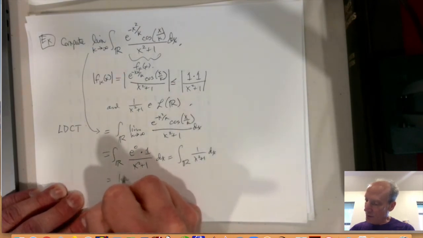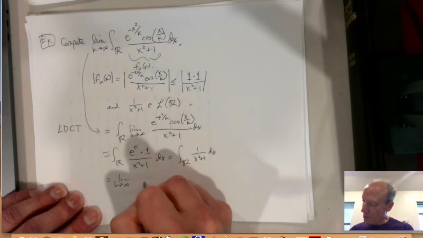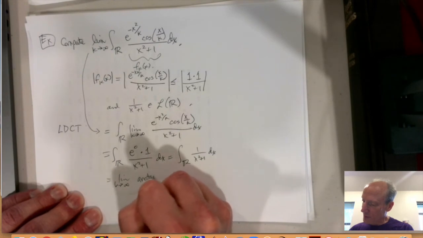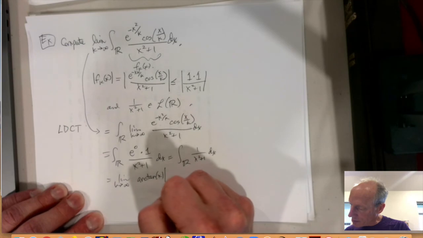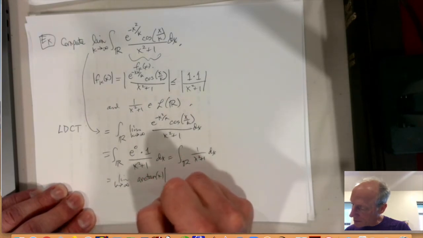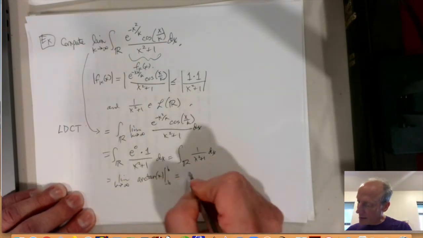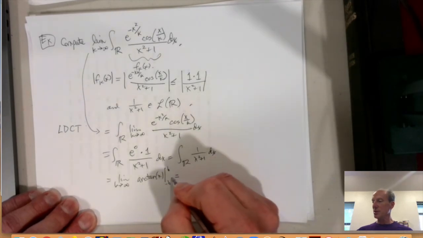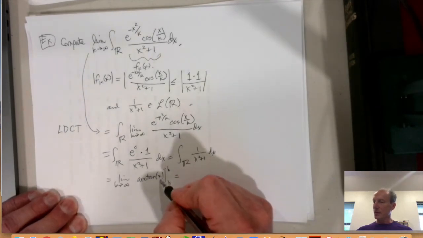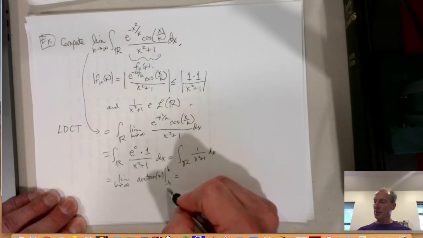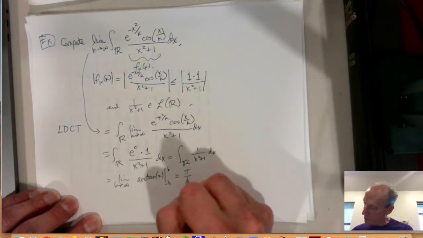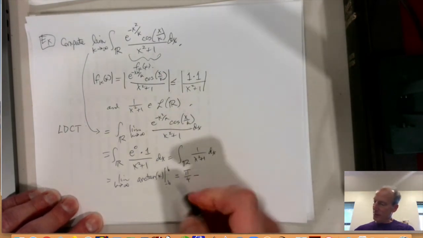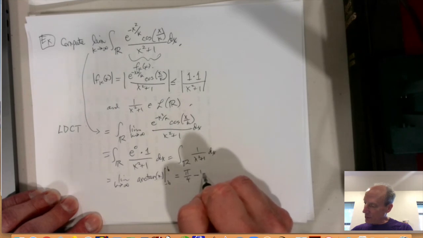And we know from calculus, we can compute this, because arctan is the antiderivative of that. And we go between negative b and b. And tangent goes to infinity when you get to pi over 4, and negative infinity when you get to negative pi over 4. So it's pi over 4 is that limit minus negative pi over 4.